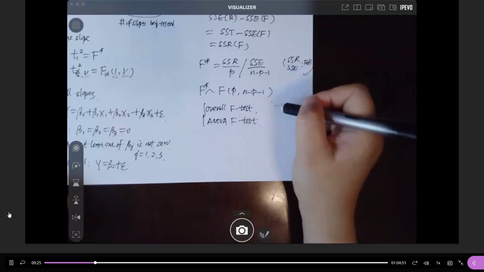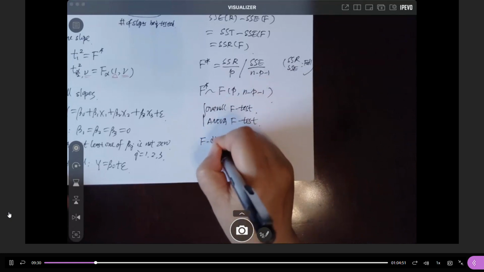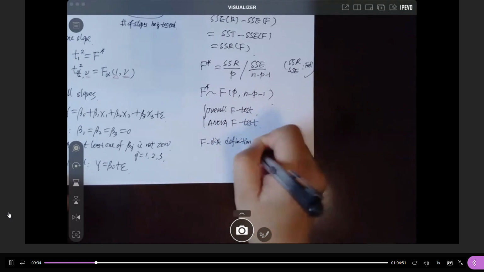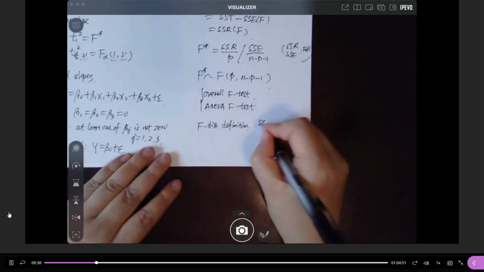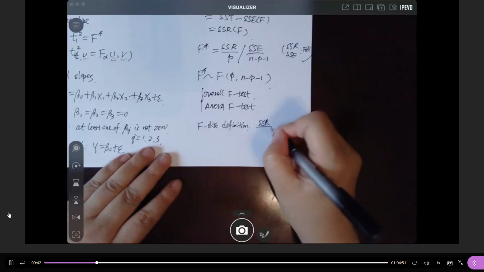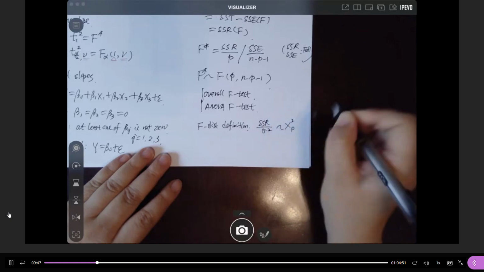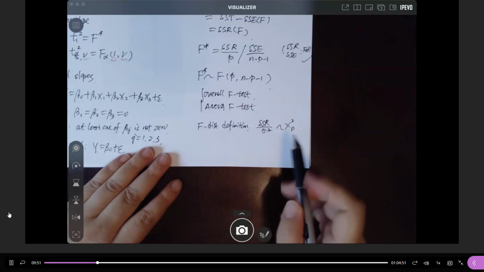So how come it follows the F distribution? This comes down to the definition of the F distribution. Let's say we are talking about the full model. SSR divided by the true variance follows a chi-square distribution with P degrees of freedom. The P here comes from the full model, right?